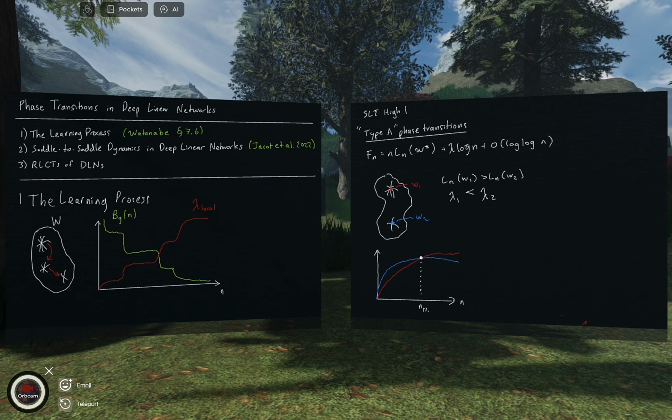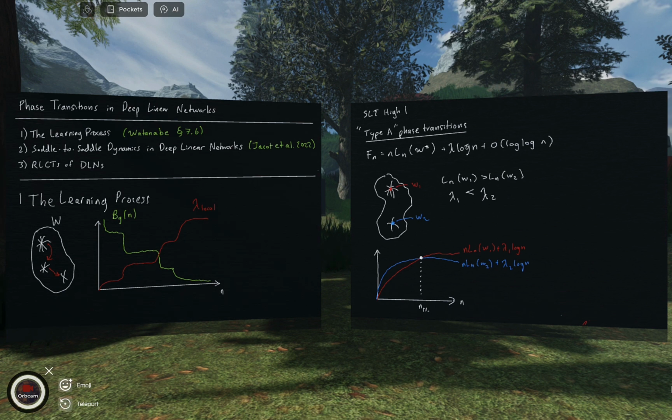So at the top, you see what we've plotted is n L of weight 1 plus lambda 1 log n. On the bottom, we've plotted log n. Okay.